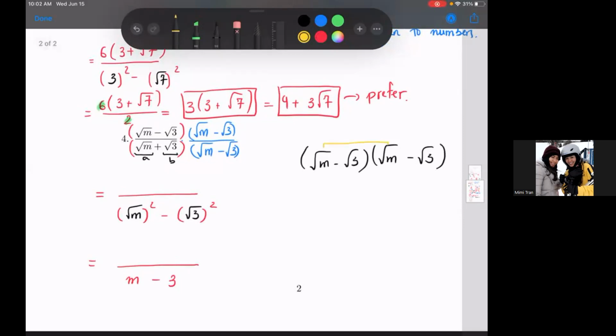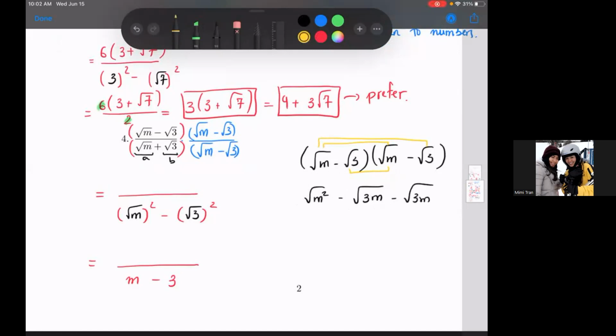Yeah, root m squared. And then root m times root 3, I can write under one root, right? Which is minus the square root of 3m, or m times 3, but I like to say 3m. And then the inner, same thing: root 3 times root m is root 3m, minus root 3m.